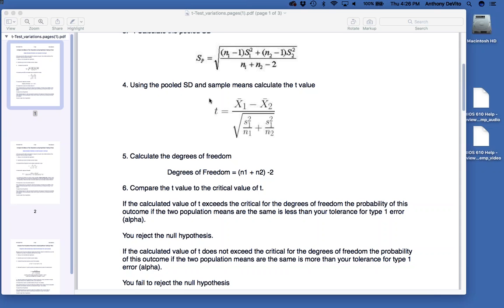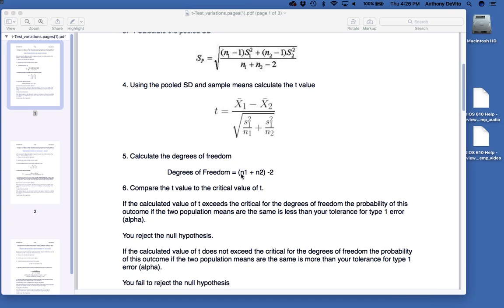Well, the reason why we use t there instead of z is because based on the sample sizes, if it's a really big sample size for the two groups, we might say, let's use the z-score, 1.96, to be 95% certain that they're far enough apart, right? But if they're a small sample, what we do is we add up the two sample sizes and subtract 2.